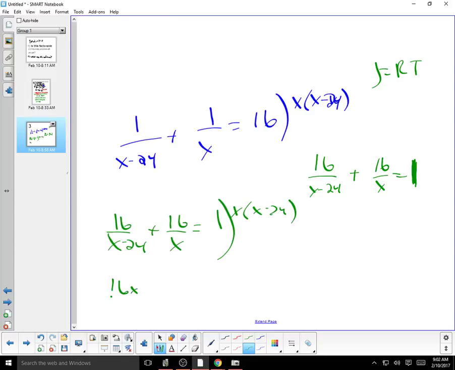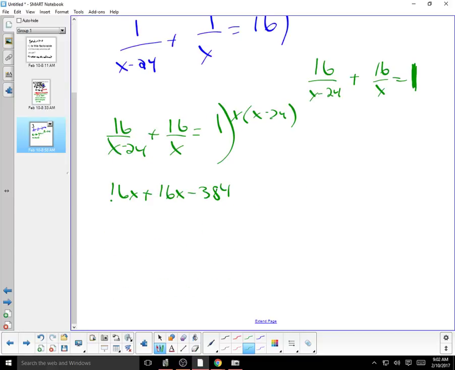So 16x plus 16x minus... What's 16 times 24? 384 is equal to x squared minus 24x.